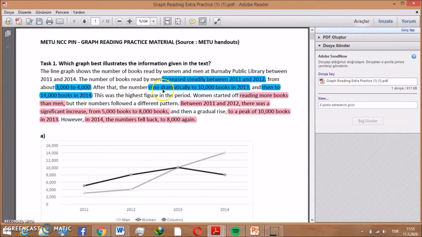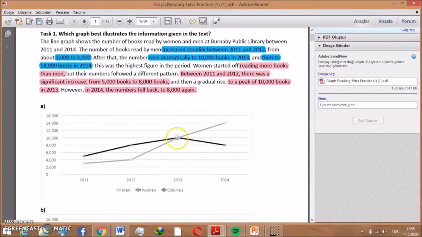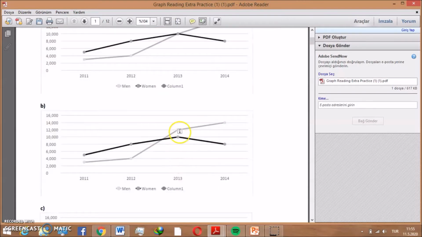After that, the number rose dramatically. Dramatically means a lot. Dramatically to 10,000 books in 2013. So the number should increase from 4,000 to 10,000 in 2013. Let's check it. Yes, 10,000.